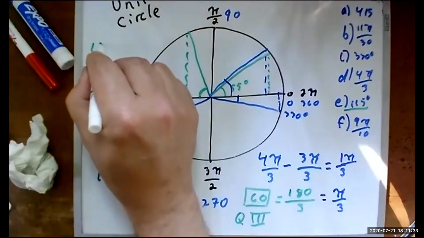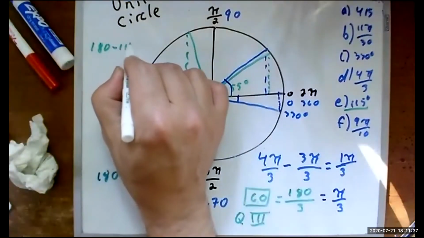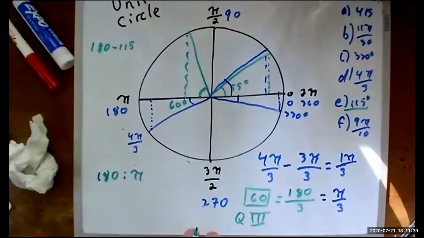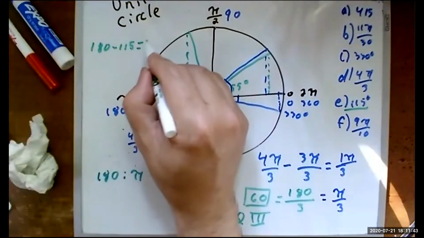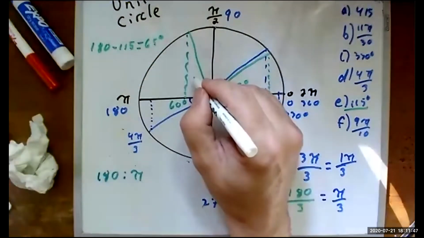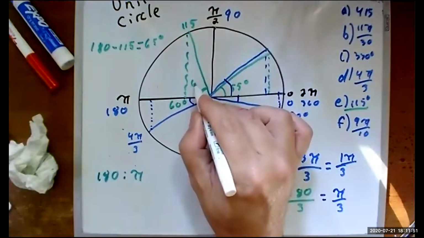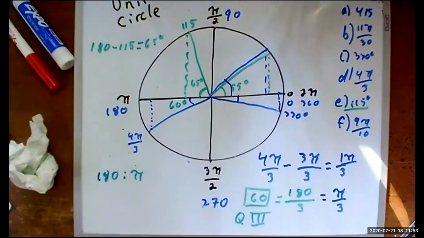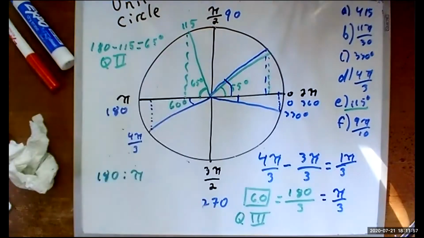So I'm going to take 180 degrees and subtract my 115 degrees, and I end up with 65 degrees. So that becomes my reference angle, and I'm in quadrant 2.